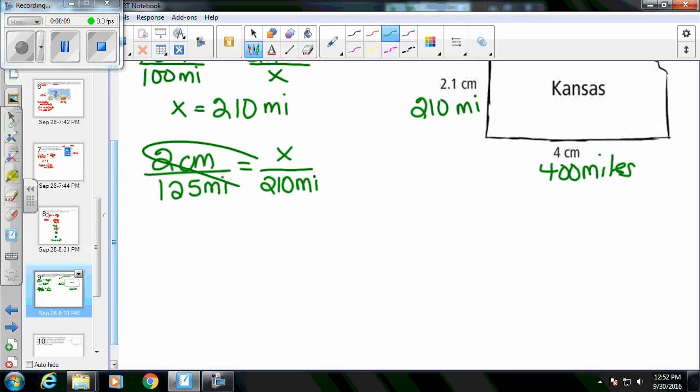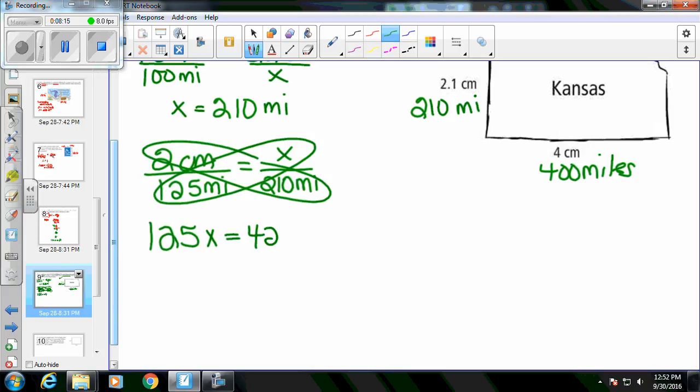When I cross multiply, I get 125x equals 420. And I divide both sides by 125. I get x equals 3.36 centimeters. Okay.